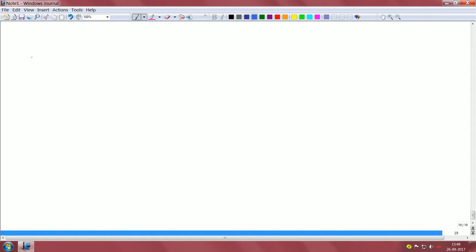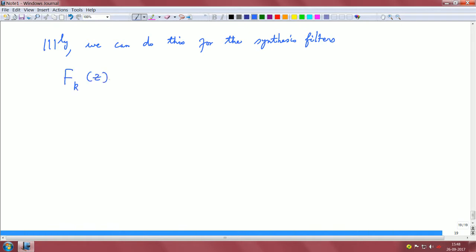Similarly, we can do this for the synthesis filters. And for this purpose, we will look into the type 2 polyphase representation.